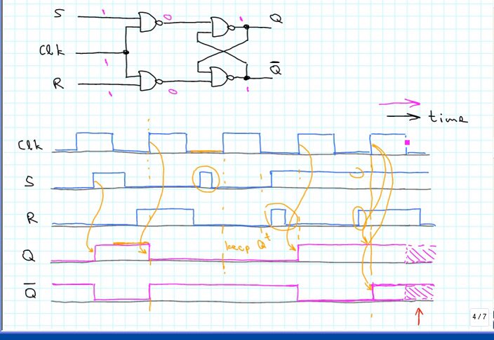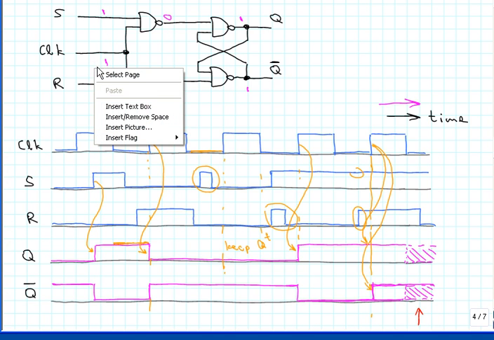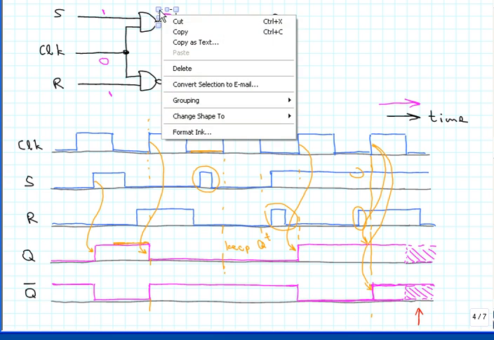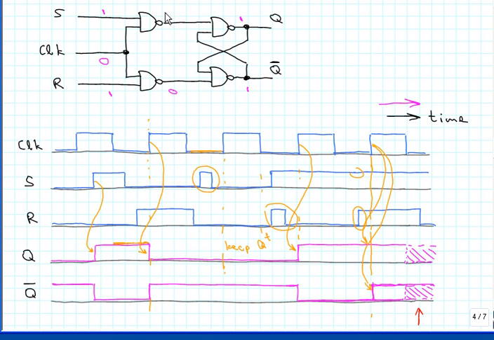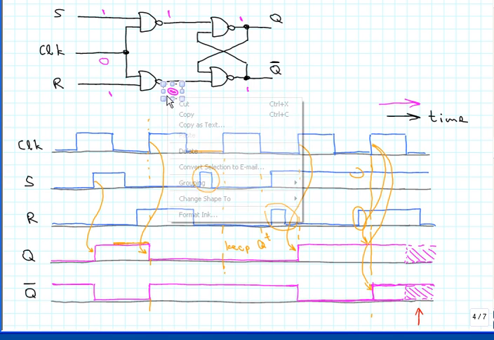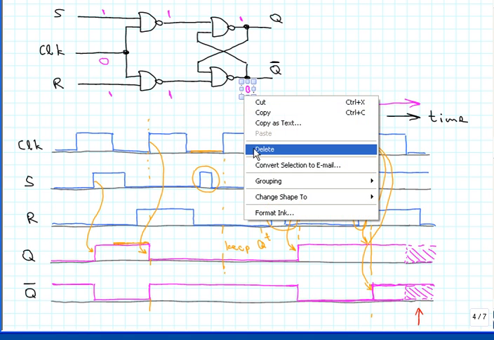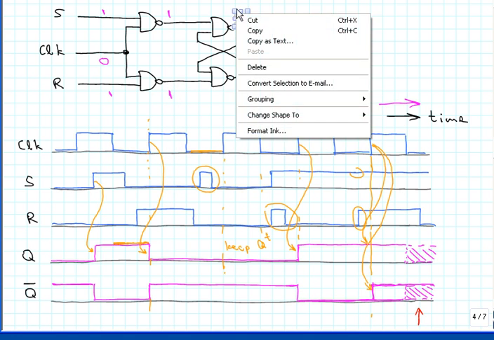Now the interesting question is what happens when the clock goes low, thereby turning off the input. So now we will get a 0 here, and that 0 will in turn make this one into a 1 and this one into a 1. Okay, now we have to erase those from before.